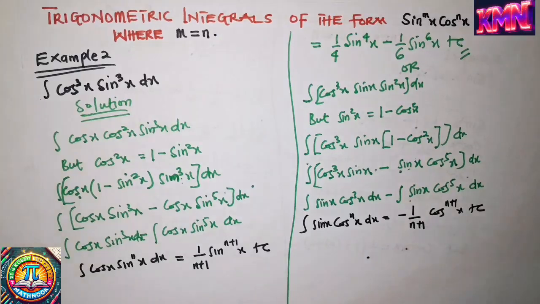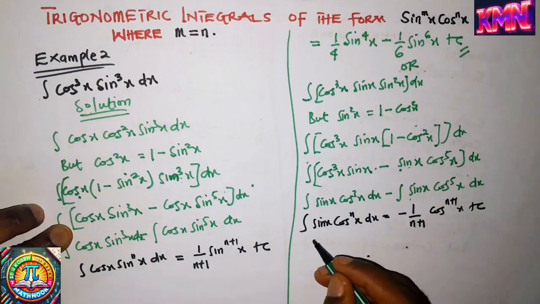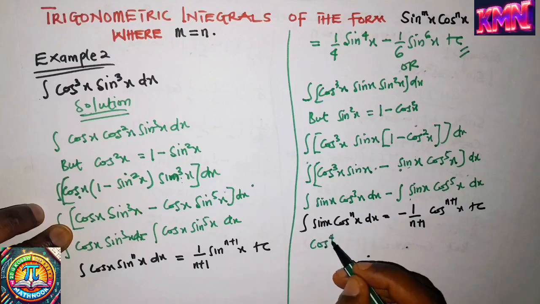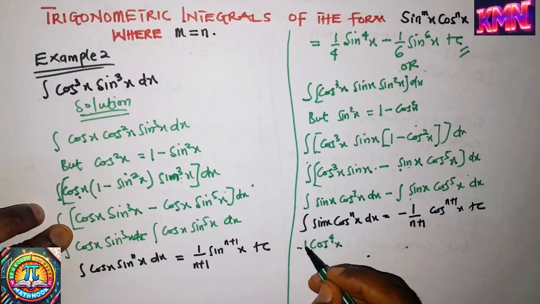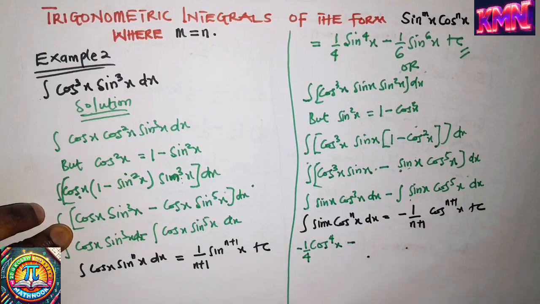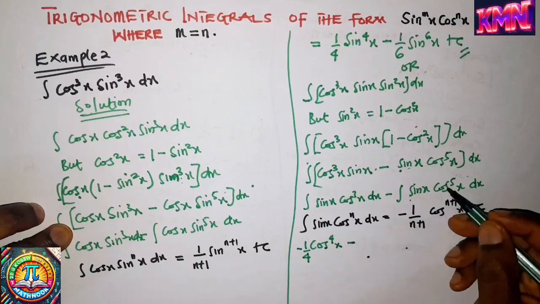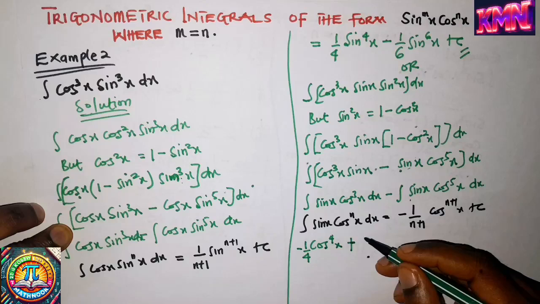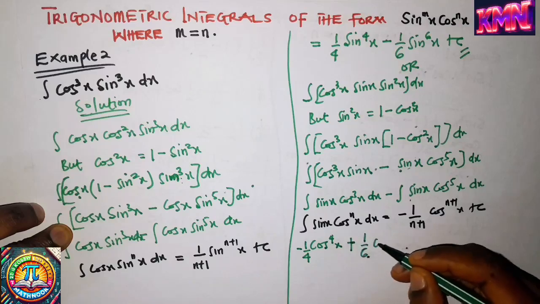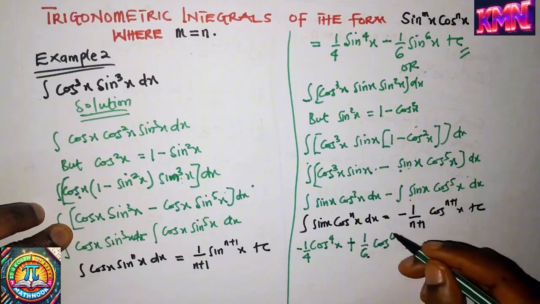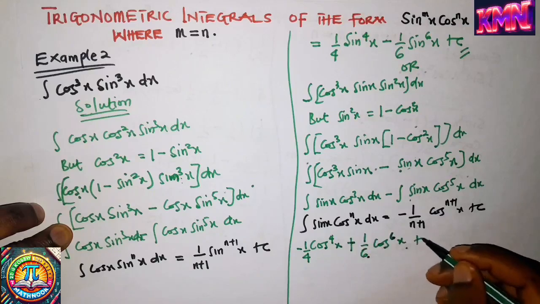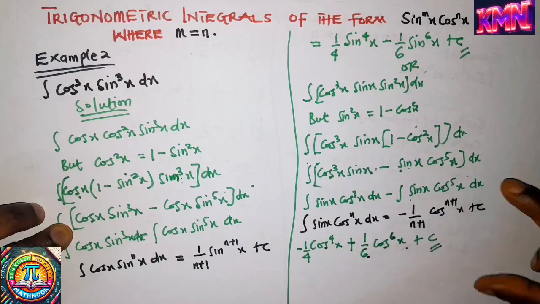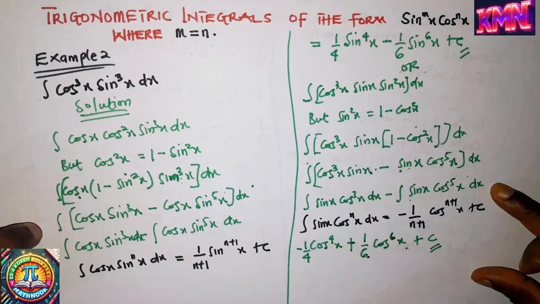So this gives us cosine power 4x multiplied by negative 1 on 4, then the same thing will produce negative, so plus 1 on 6 cosine power 6x plus c, and that is the answer. So these are the solutions.